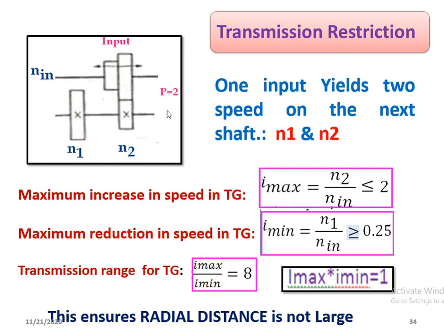So we have to take the transmission restriction into consideration. Keep in mind the maximum increase of speed in the transmission gearbox is double, and the minimum should be 0.25 or 1/4, isn't it? So ultimately we got N max upon N minimum equal to 8.